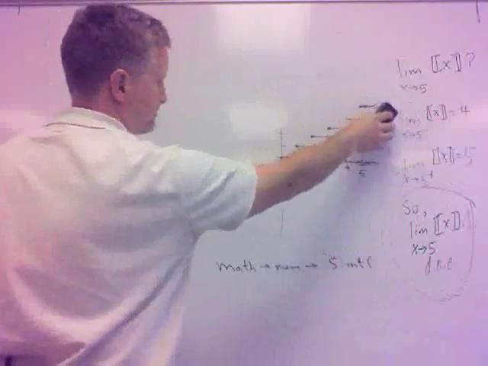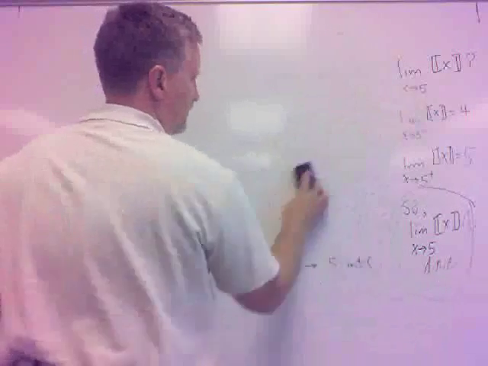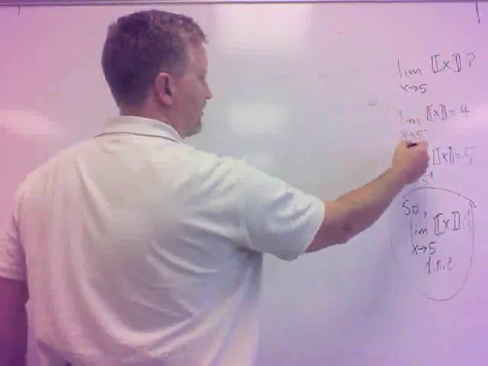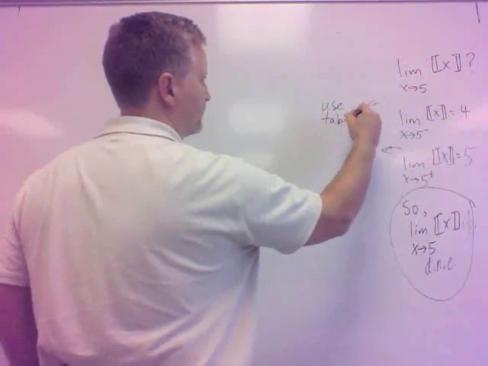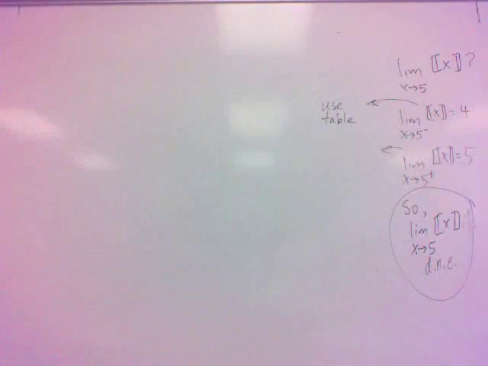And then, we did it kind of with a table here. If you wanted to show some work on this, you could use a table. I don't know if it'll ask you to prove it or whatever, but there's not a real nice way of doing it other than by examining a table. But you get the idea.